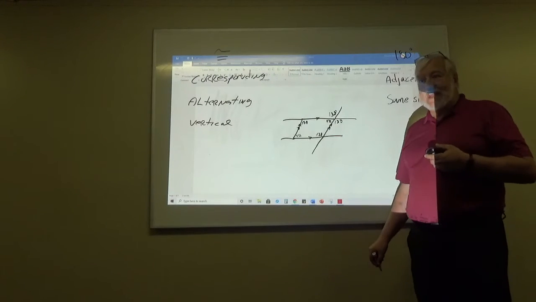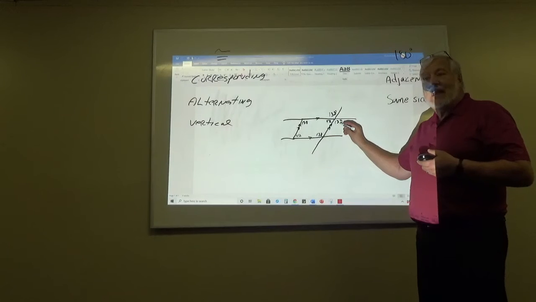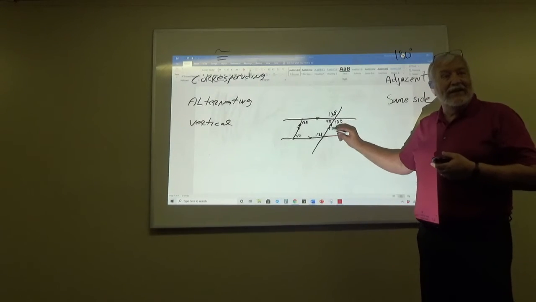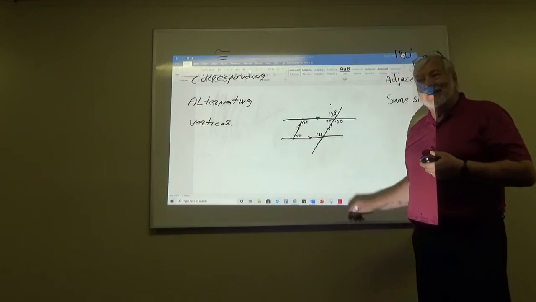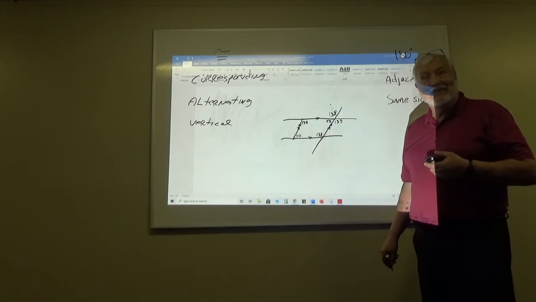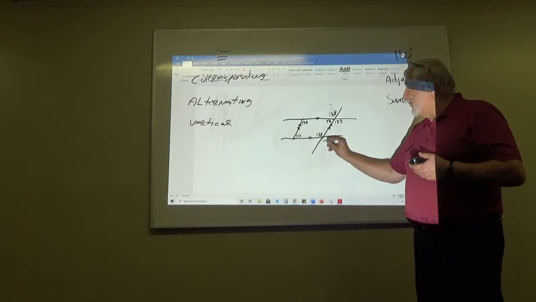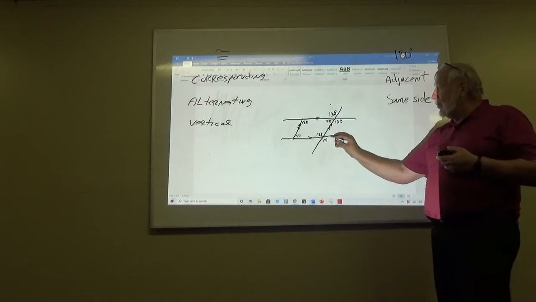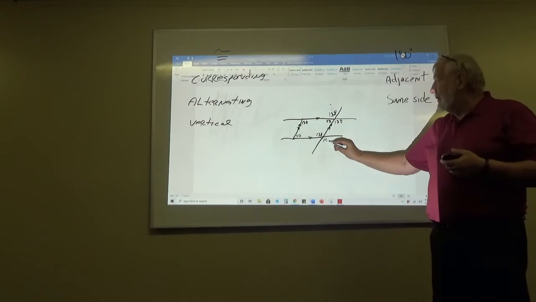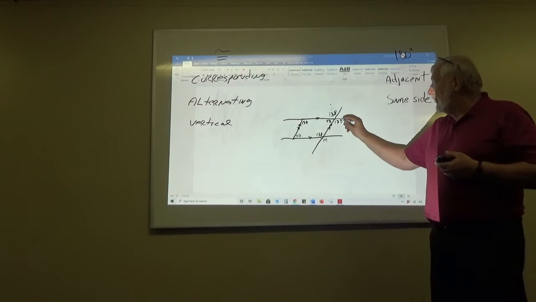What else could you have said? It's vertical to this angle. What else could you have said? It's corresponding to this angle. Now, I have this angle over here that I'm going to call M. Angle M, how does it relate to this angle?